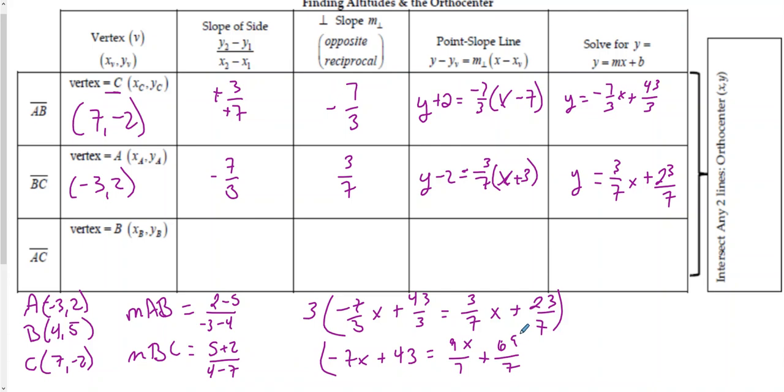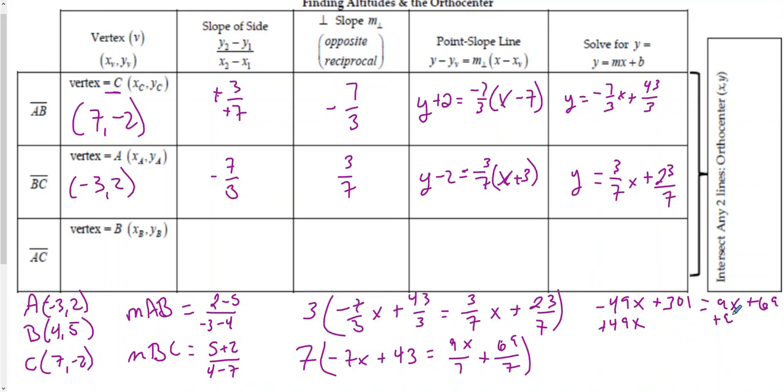Then I'm going to multiply everything times 7, and I end up with negative 49x plus 43 times 7, and if you can't do that in your head, no worries, it's 301. Then over on the other side, that makes it nice and easy: 9x plus 69. Now it's just a matter of simplifying this and solving it.